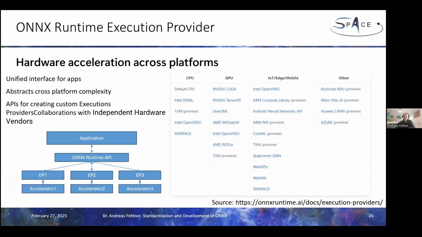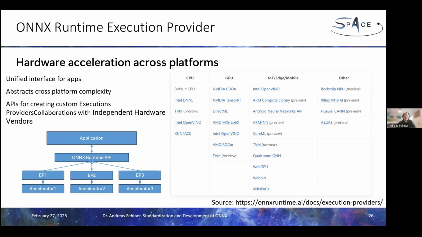So it's also quite interesting for independent hardware vendors that you can integrate your own hardware into ONNXRuntime, and so you don't have to bring your own SDK or way of how to work with your hardware product.